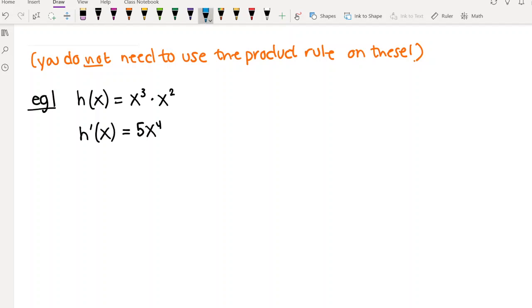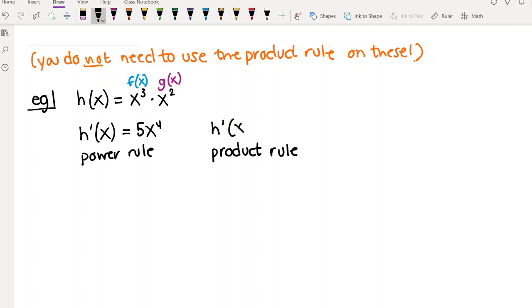So if you wanted to use the product rule, we'd have our first function. I don't know if I'm using the same exact color sequence as I did before, but that's okay. So this first method is power rule. This is now product rule. If you wanted to try to use the product rule, for the x cubed part, you would get 3x squared.